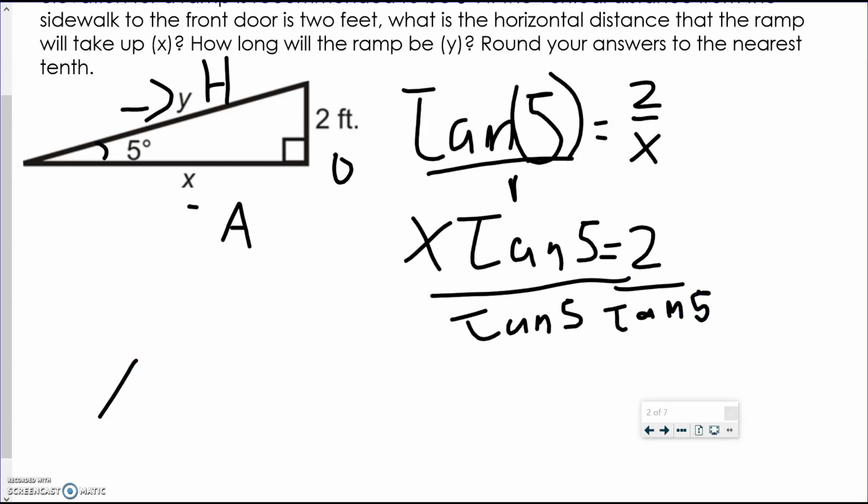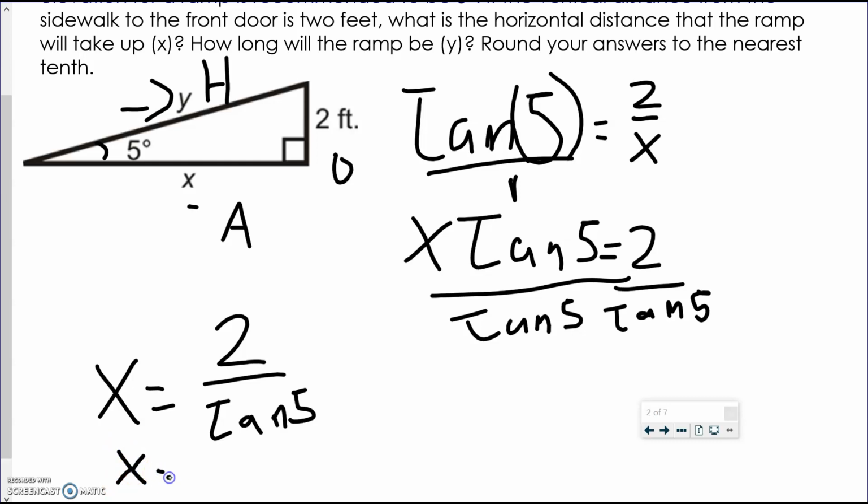And you would get 2 divided by tangent of 5. Which, if you solve for that, will get you x is equal to 22.86 feet, my bad. All right, so that's x right here. We've solved for this one.